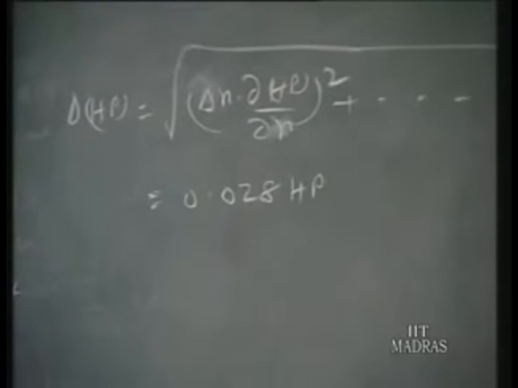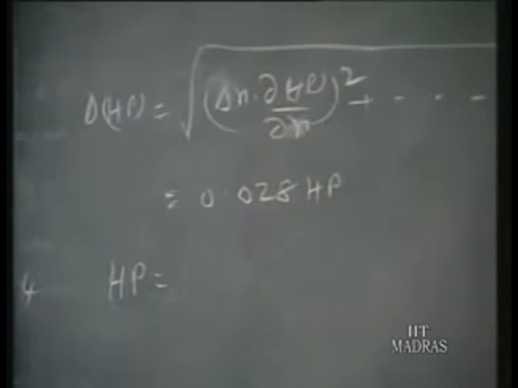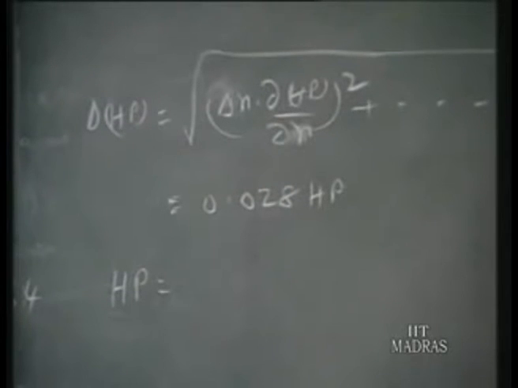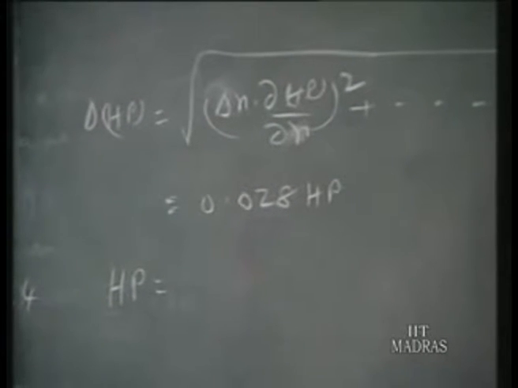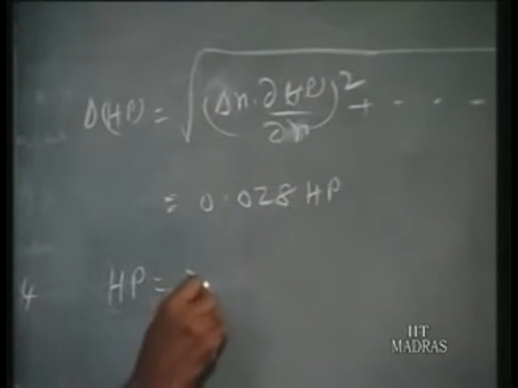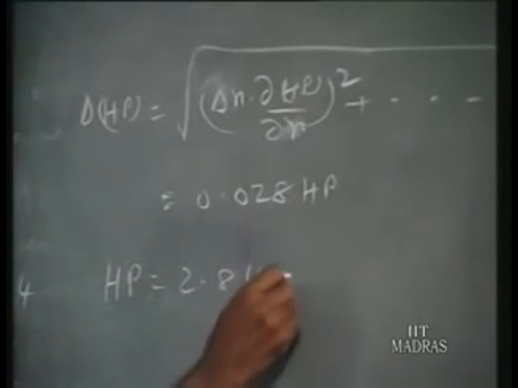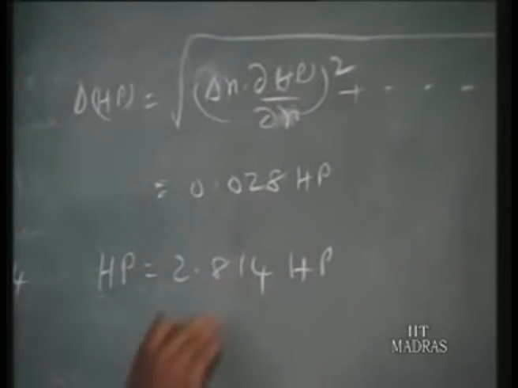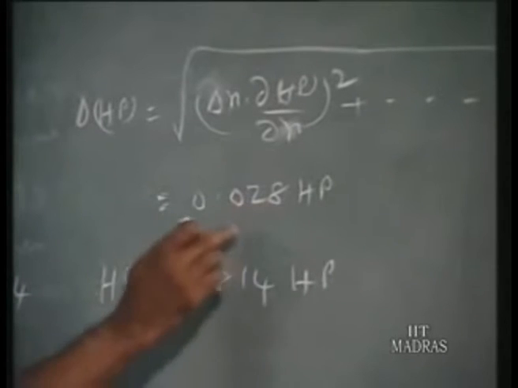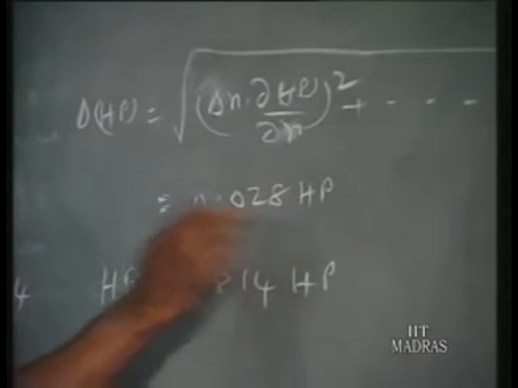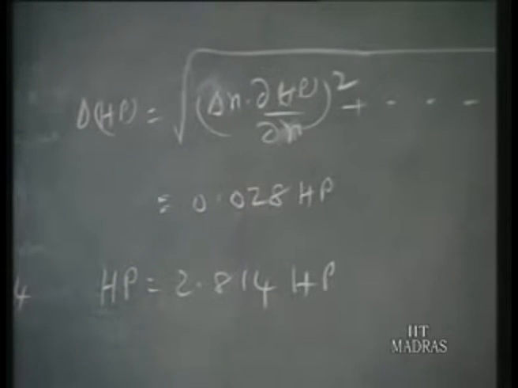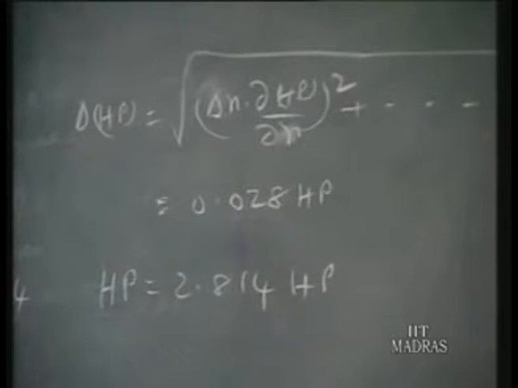So, now find out the nominal horsepower by using that formula up to one more decimal place. It is coming at 2.814 horsepower. So, it is reduced so that the final value is up to the same decimal place as the error of that measurement. This is the nominal value.